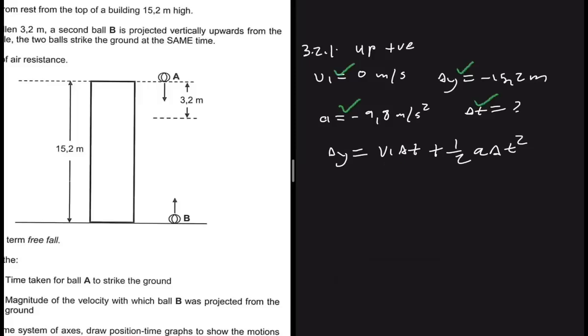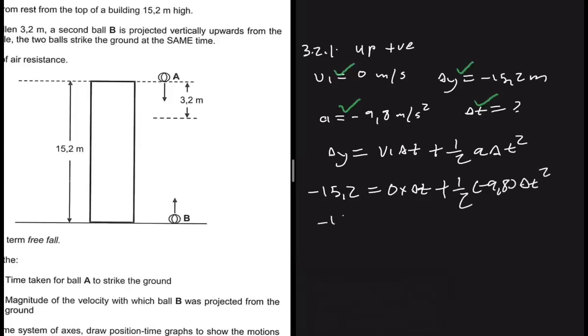So if we go ahead and substitute, we're going to get minus 15.2 is equal to VI, which is 0, right? Multiplied by the time. So that term falls away. Plus a half. The acceleration is minus 9.8 and the time is what we're looking for.